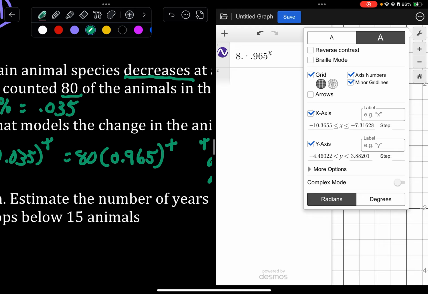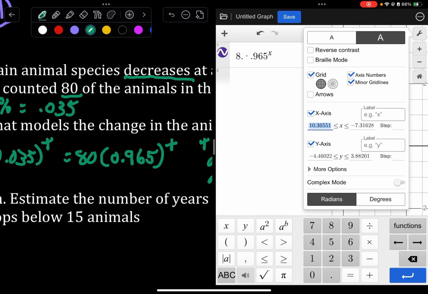Now I'm going to go ahead and make this go from 0 to 20, 20 years.